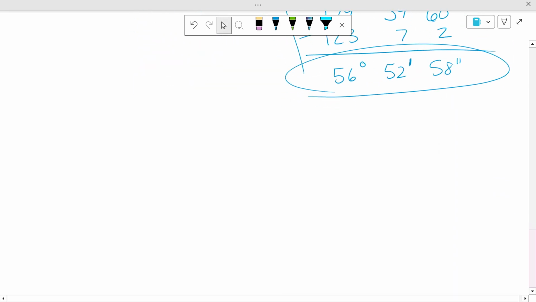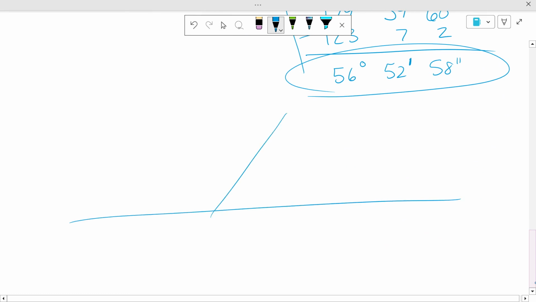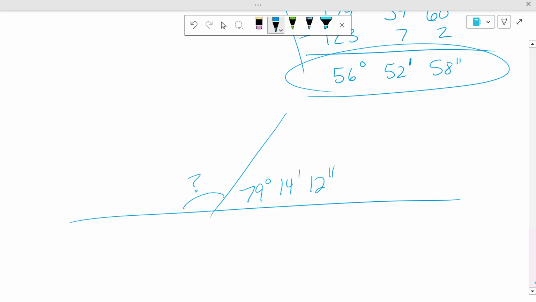Let's do another one. What's the missing angle? How many degrees are in a straight line? 180.